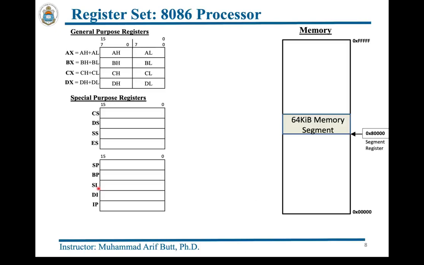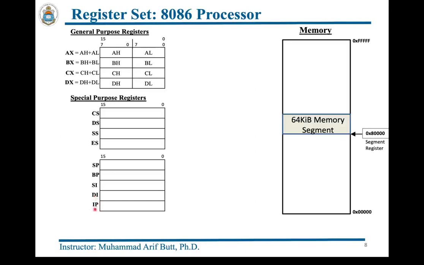This SI, source index register, is used as an offset relative to the data segment, also used as a source in some string related operations. This DI, destination index register, is used as an offset relative to the extra segment, also used as destination in some string related operations.